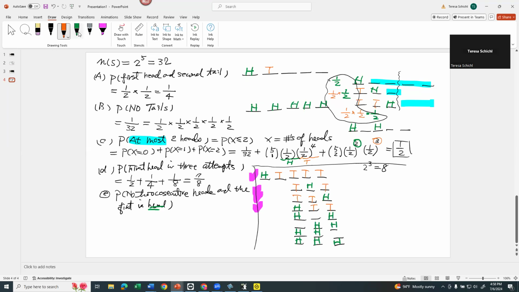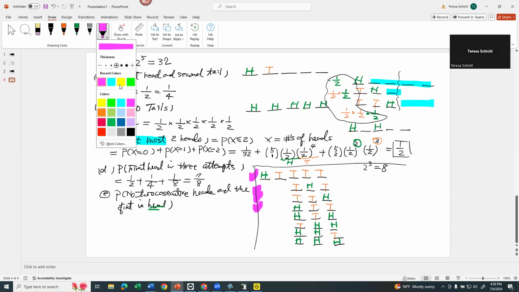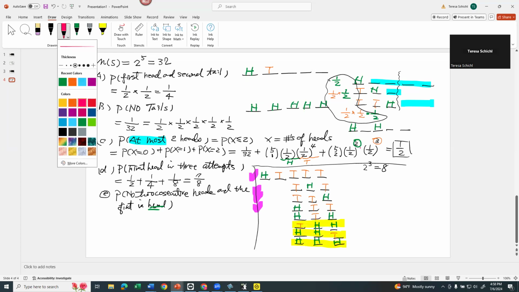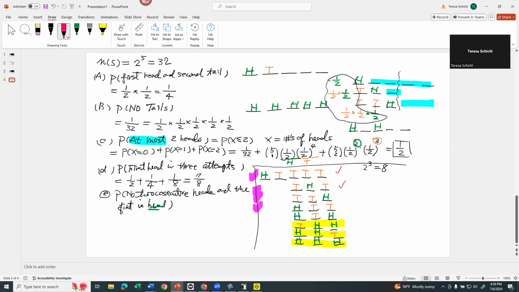Now in here, this is a tail, this is a tail. This one is not going to happen because two heads are consecutive. This cannot happen. This cannot happen. So now I know I have this one, this one, this one, this one, this one, right? So I have 5 possible situations.